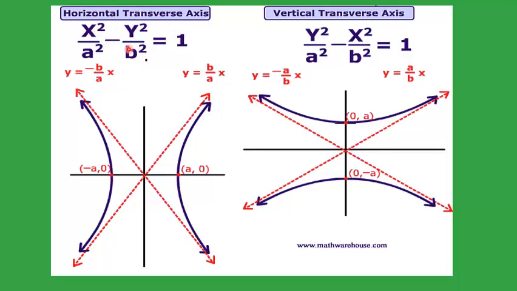You might be wondering what b is. Using our earlier relation, b equals root of c square minus a square. And in the second case, we have our principal axis parallel to the y-axis and center at 0 comma 0. So we obtain the relation y square upon a square minus x square upon b square equals 1.